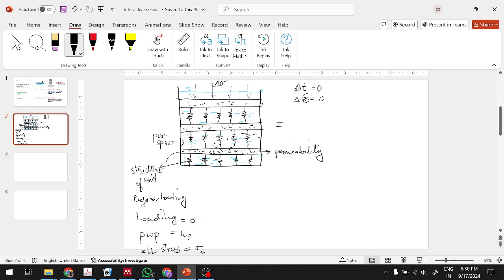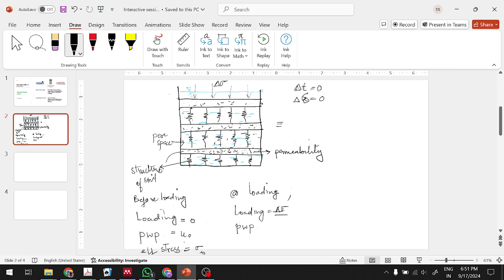The pore water pressure will be U naught, effective stress will be sigma naught at any point. And now the loading I have applied is delta sigma dash.